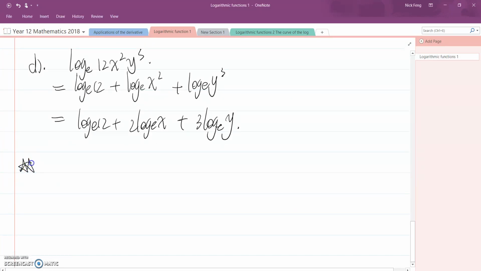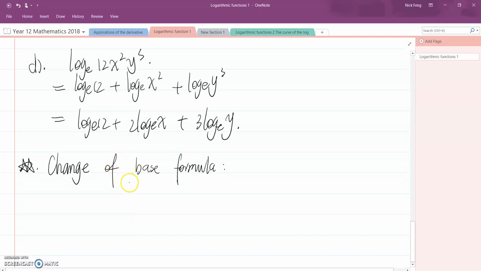Okay, now the next one is the famous change of base formula. Now, do remember our calculator only has 2 different log bases. One is log base e, one is log base 10. So what happens if we want to evaluate other bases?